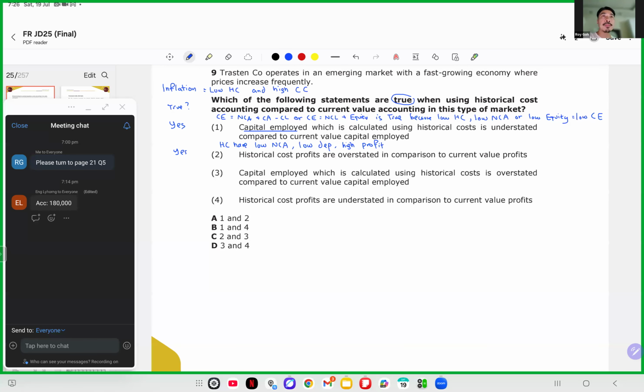Next one. Capital employed cannot be overstated if you tell me that understated is correct. So if you say understated is correct, then this one cannot be overstated because it's the opposite. Mutually exclusive, it's just the opposite. So sentence 4 is also the opposite from sentence 3.